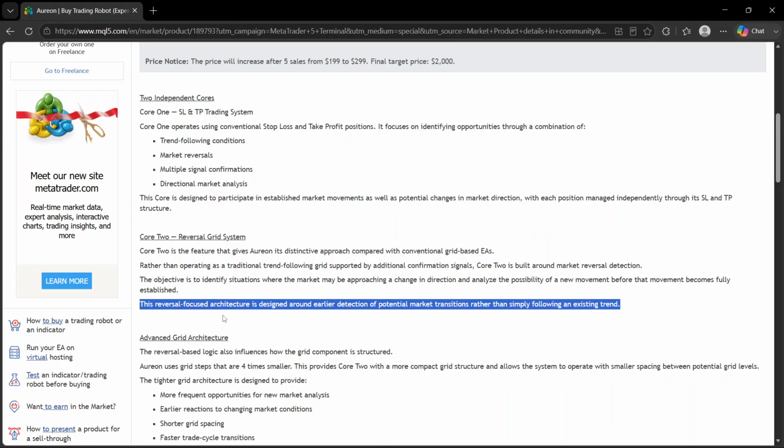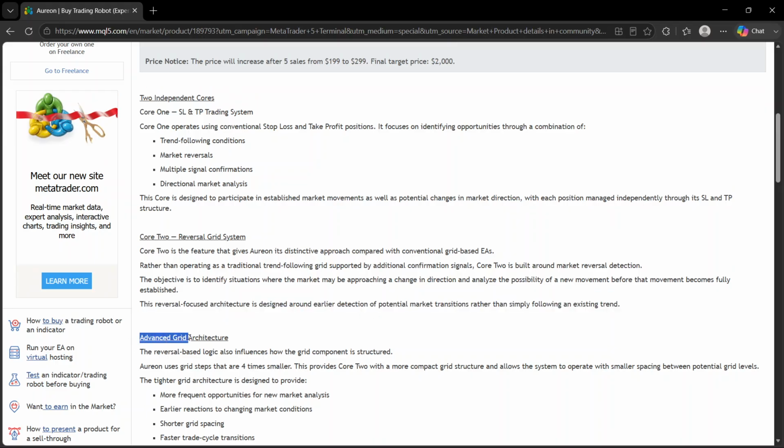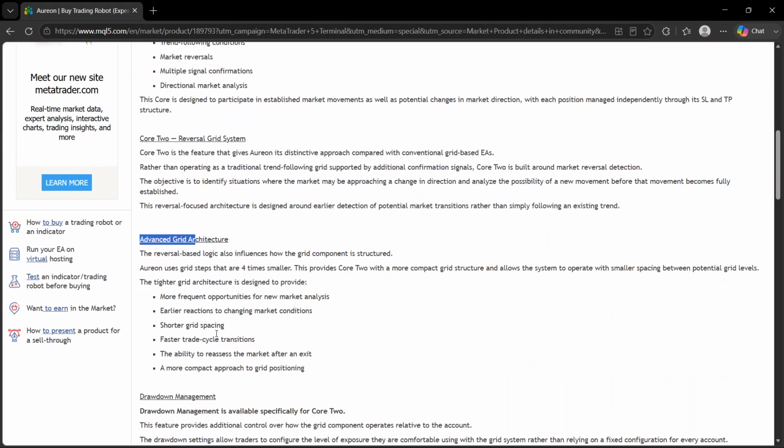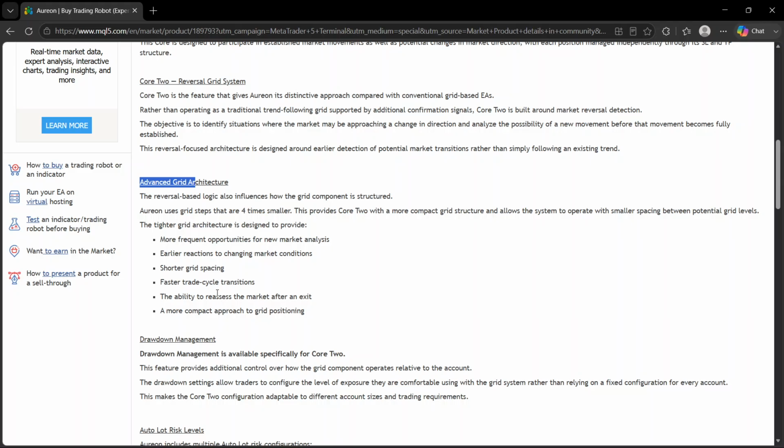They also talk about the grid architecture itself. The steps are described as 4 times smaller than a typical grid. That tighter spacing is supposed to create more frequent analysis opportunities, quicker reactions to changing conditions, shorter distances between levels, and faster trade cycle transitions.